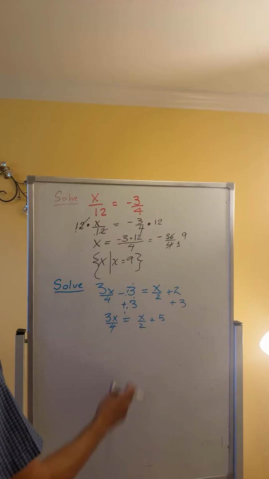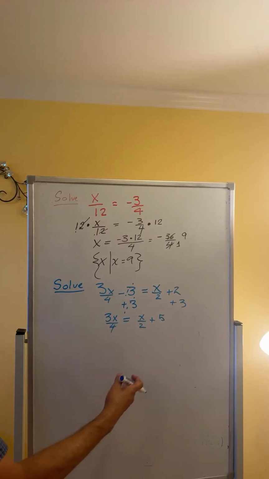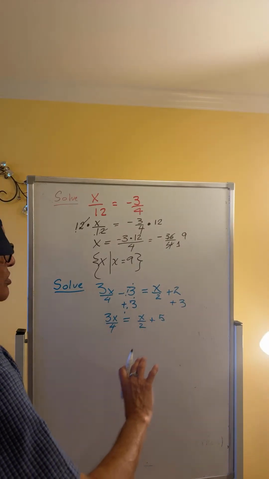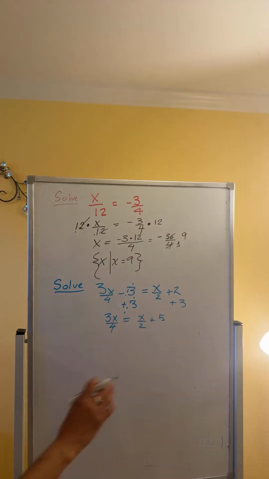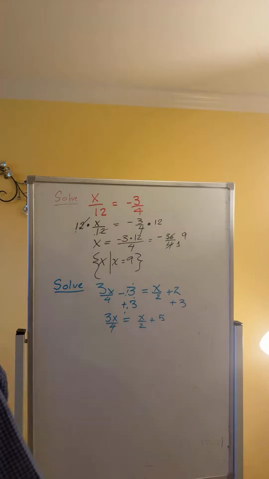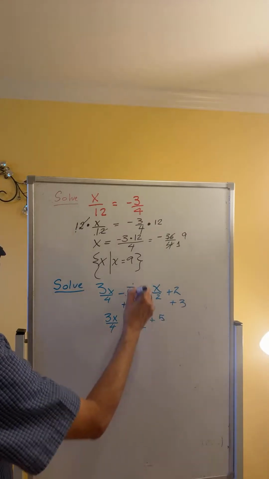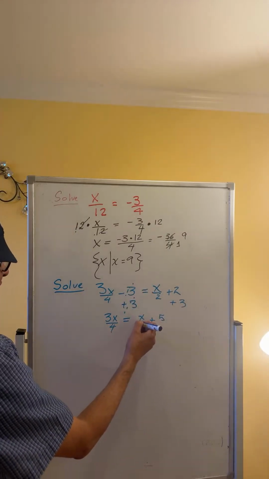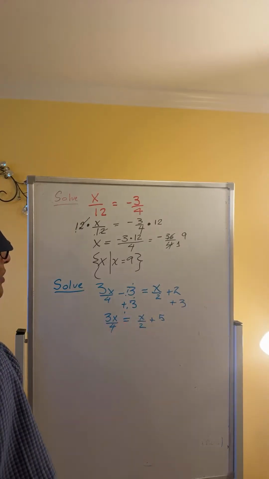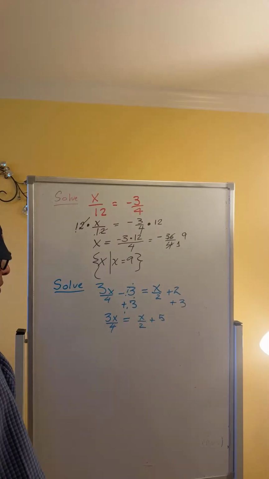Now we still have left an unknown variable x on the right hand side of the equation. As you know, the fundamental rule is to separate the unknown variable, bring it on one side and keep the constant term on the other side, which is 5. So we got to remove this x by 2 from the right hand side. Now there is nothing in front of x over 2. That means it's a plus sign.